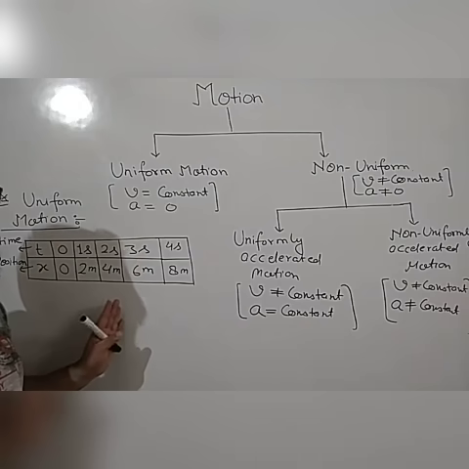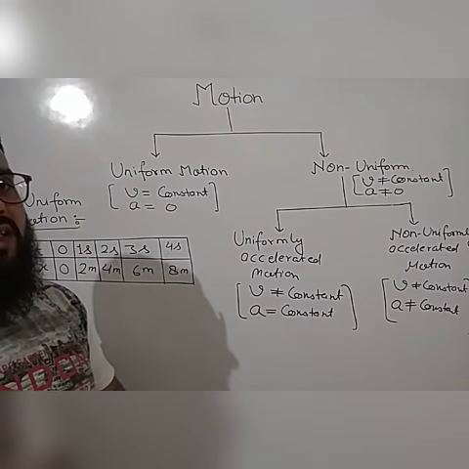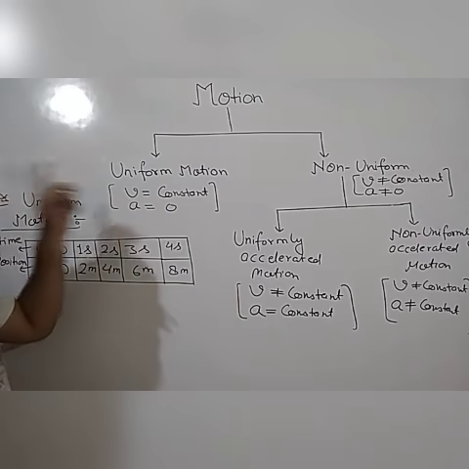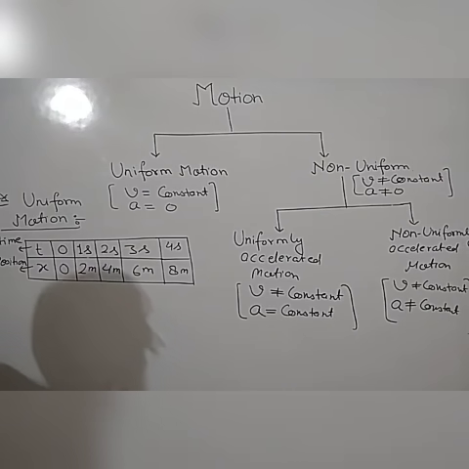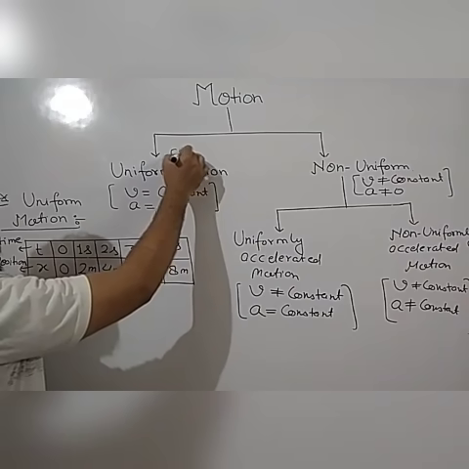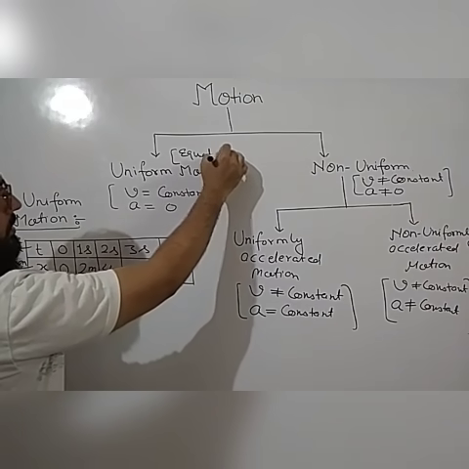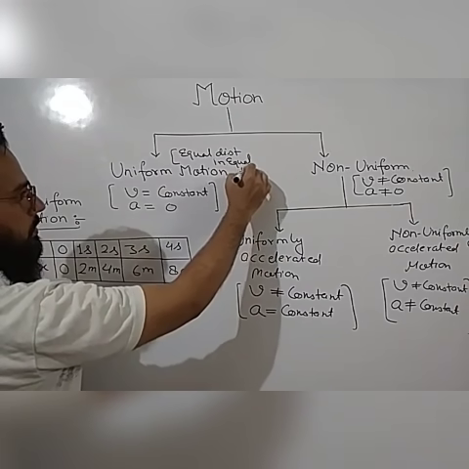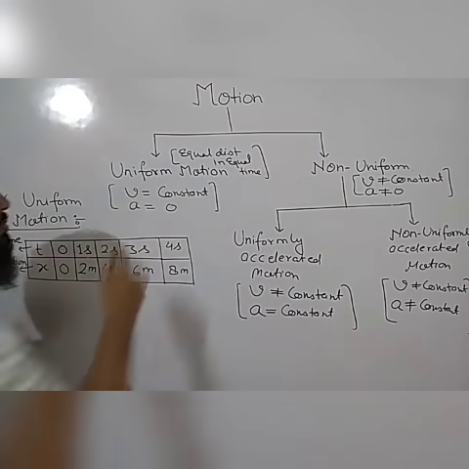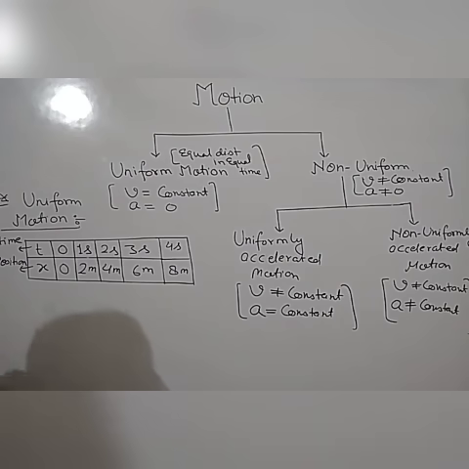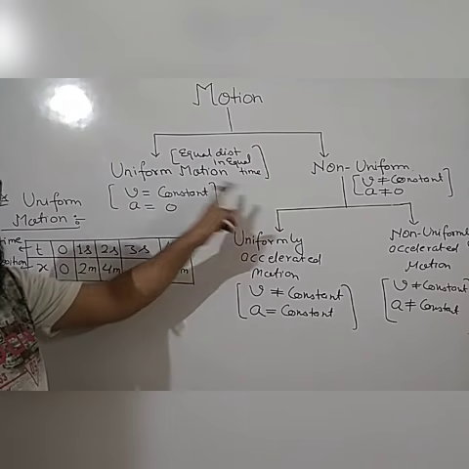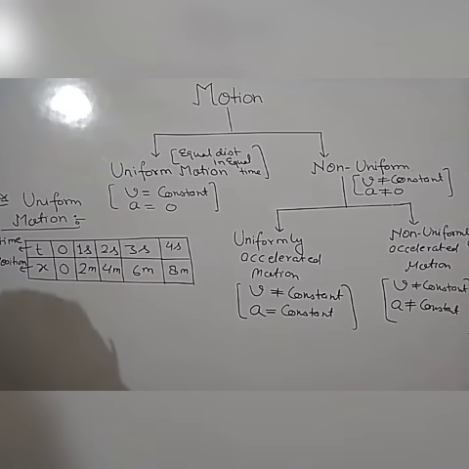So in short, we can write it as equal distance in equal time. What is uniform motion? The motion in which a body covers equal distance in equal interval of time is known as uniform motion.